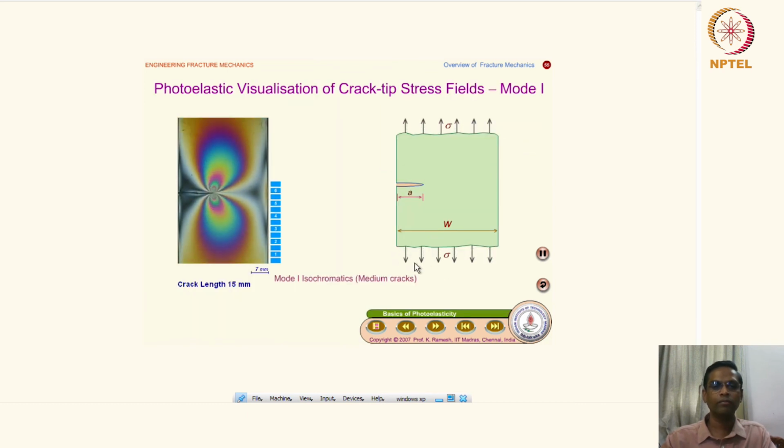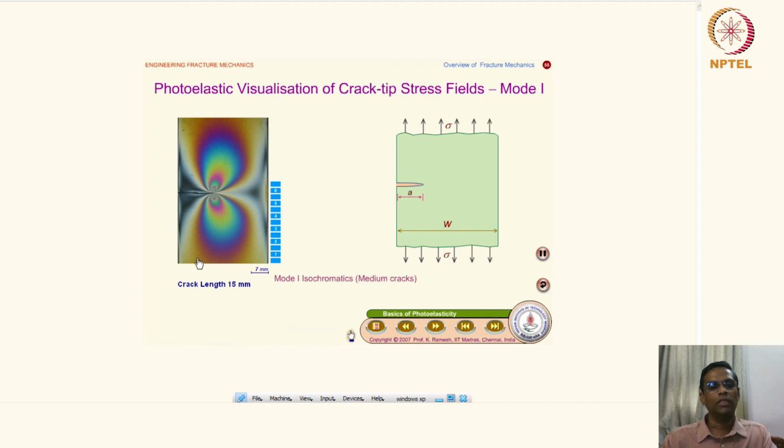Another example I just wanted to show. This is a photoelastic visualization of crack tip stress fields, just to give an idea of what kind of stress distribution there is at the crack tip. We were talking about the crack tip.